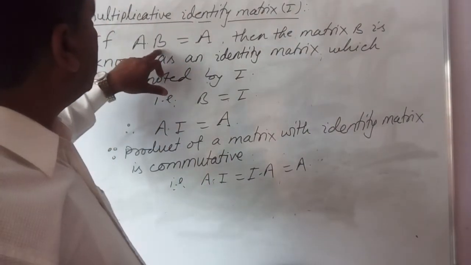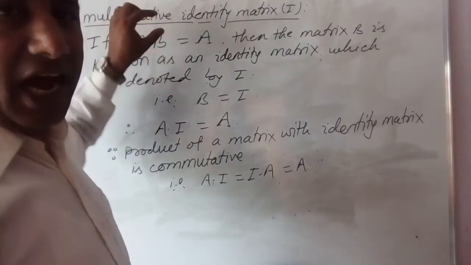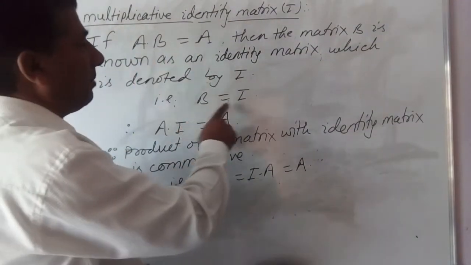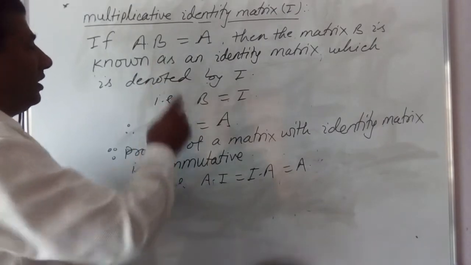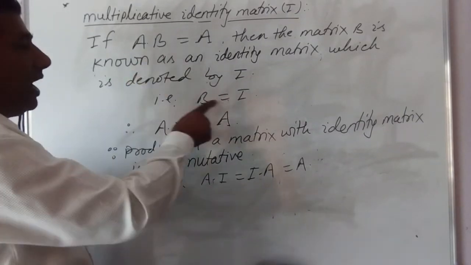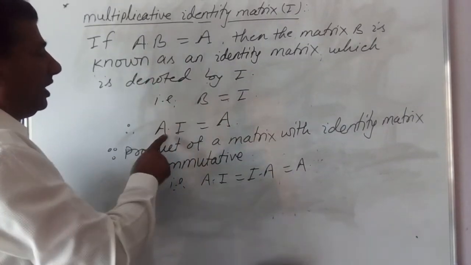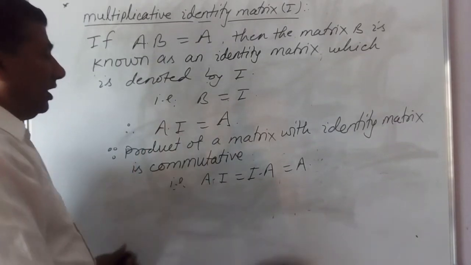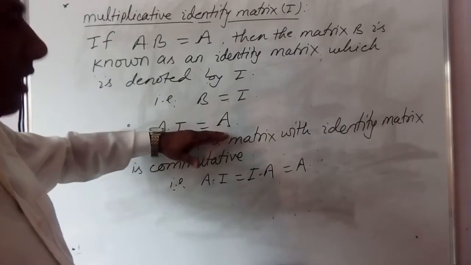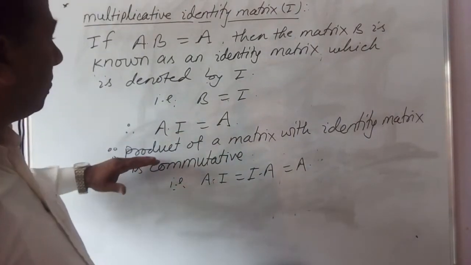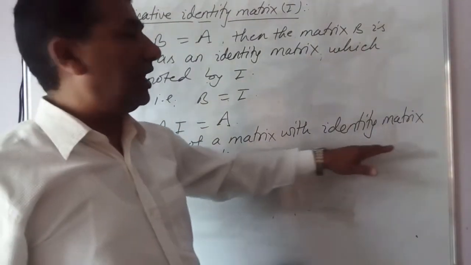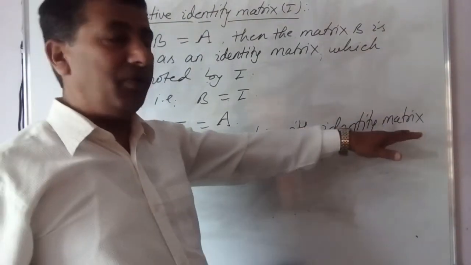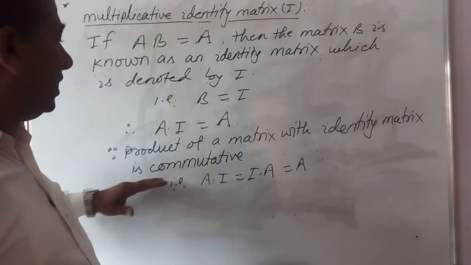When B is an identity matrix, we can replace B by I. Then it will be A times I equals A. One more point: the product of a matrix with an identity matrix is commutative.